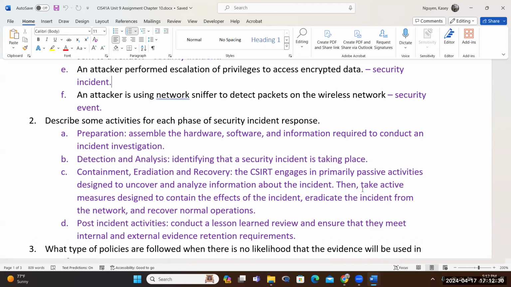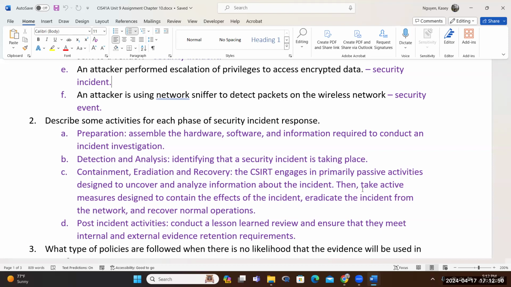So after you contain it or you stop it from spreading or you remove it, eradicate, like in the malware example, a lot of the time with malware now we can only contain, right? We can only stop it from spreading to other segments of the network. And then we can't really remove the malware completely.